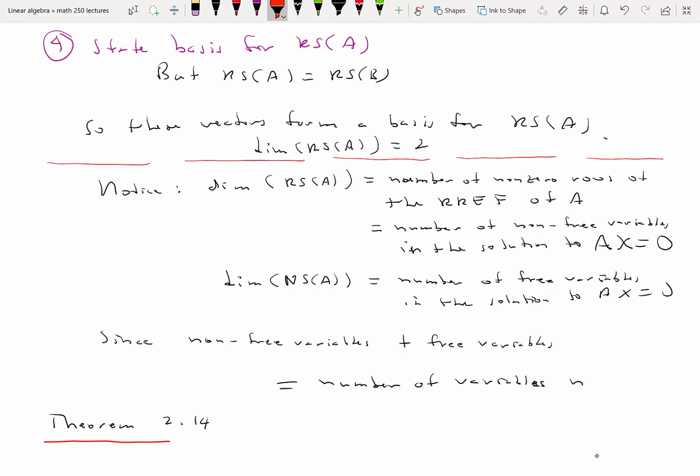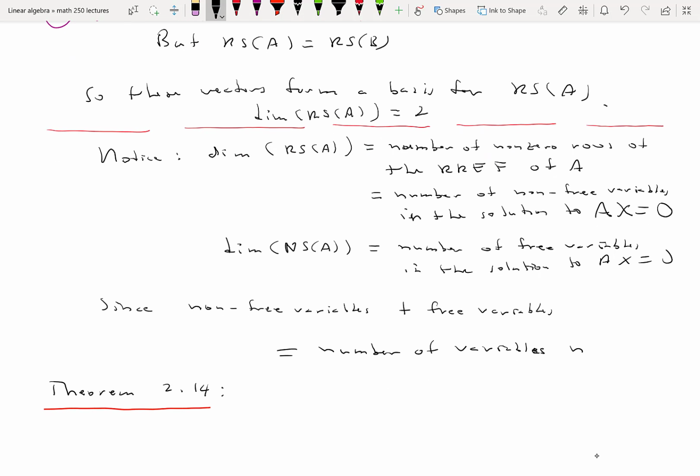Those of you going on with more linear algebra, specifically math majors and some engineers, you're going to use this result in some of your work. We have the dimension of the null space of a matrix plus the dimension of the row space of a matrix equals n, the number of columns in the matrix.